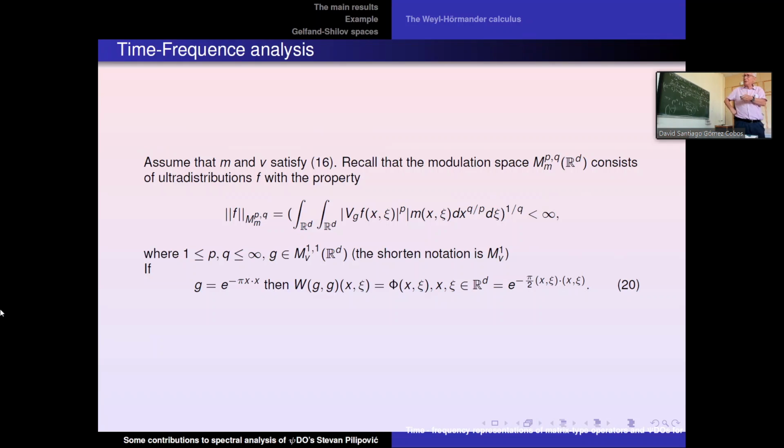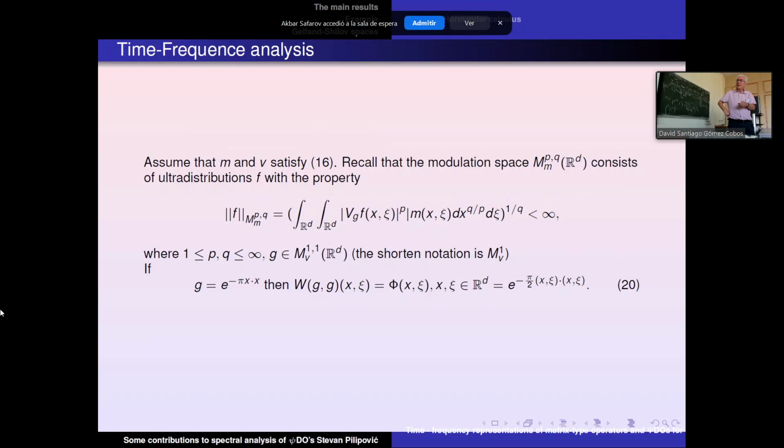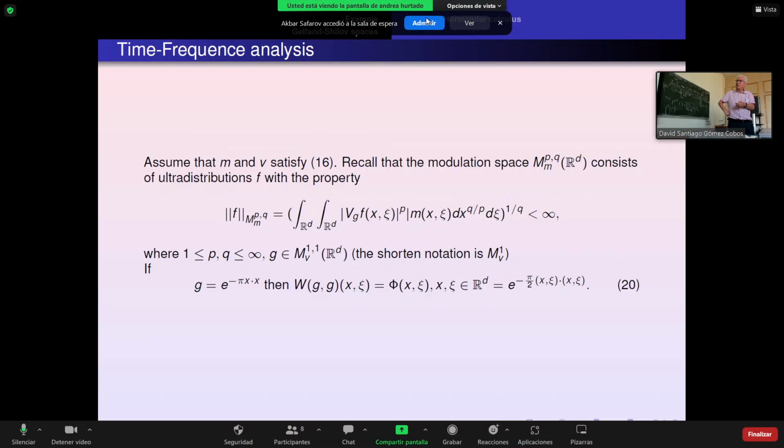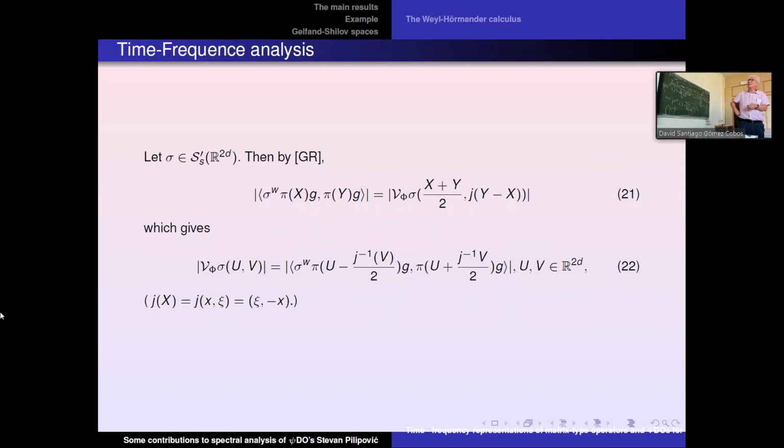I wrote maybe what one should remember, and later I will say that instead of g I can take another function, but this is just a Gaussian. And the Wigner transform of g, g is again a Gaussian, but with minus pi here, and minus pi half here. So these are technical results which are somehow important.